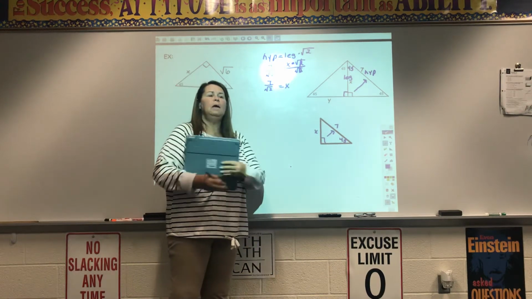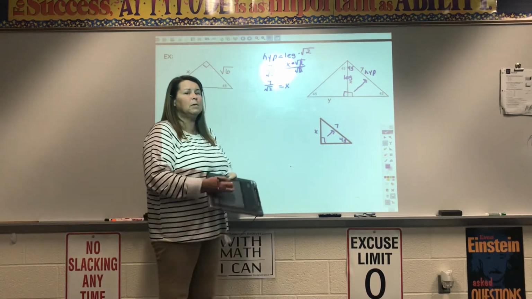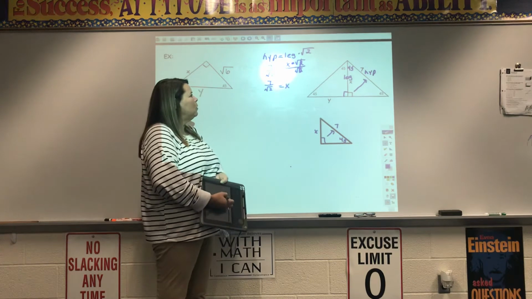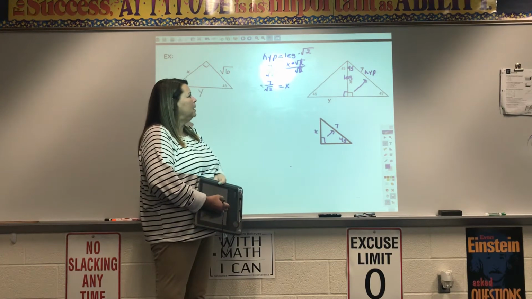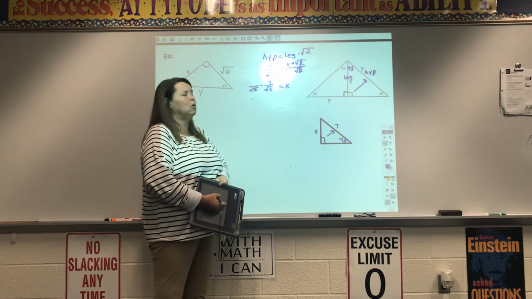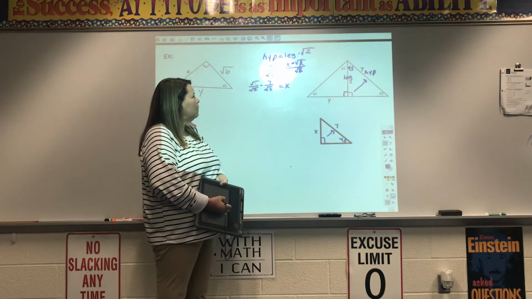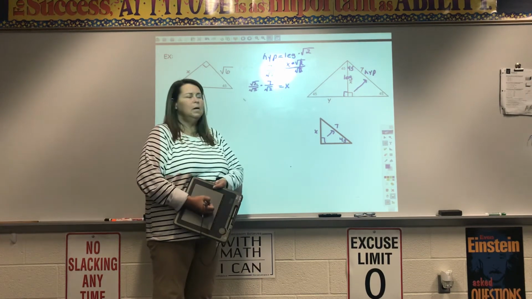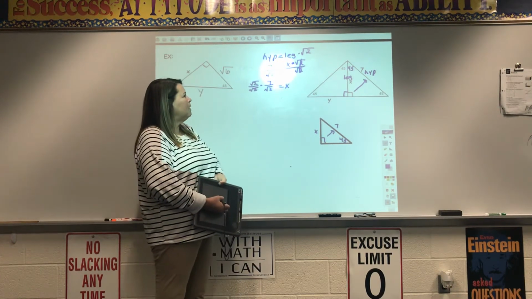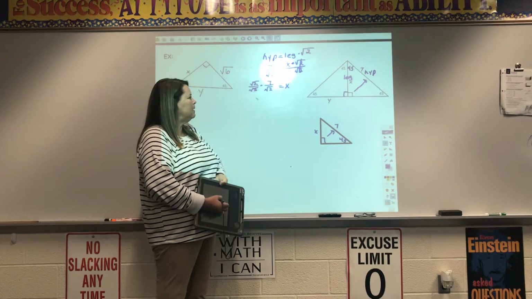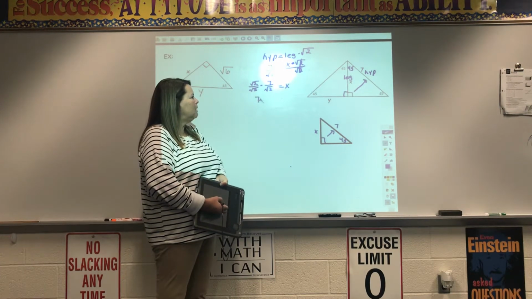And hopefully, most of you remember that to get rid of this, you are going to multiply by that same radical, which means you're going to multiply your numerator by radical 2. So in the numerator, I have radical 2 times 7, or 7 radical 2.